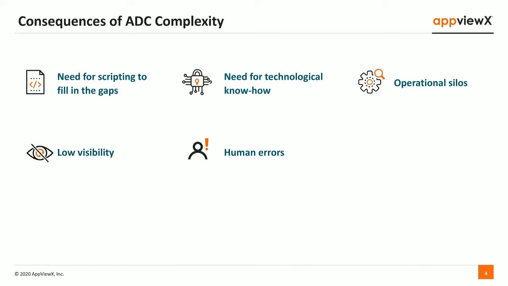And then there are operational silos, with an application operations team, an infrastructure operations team, and a network operations team. Who takes what level of ownership, the hand-holding, and troubleshooting across different organizations also becomes an additional challenge.